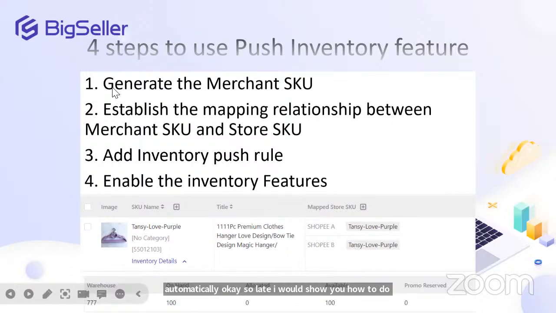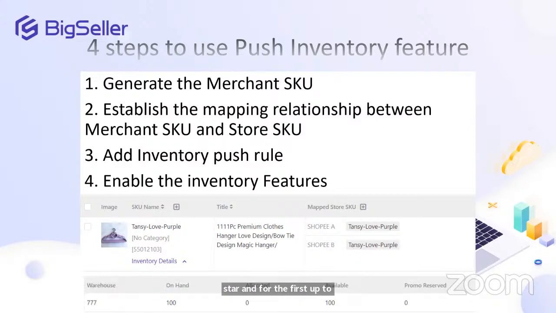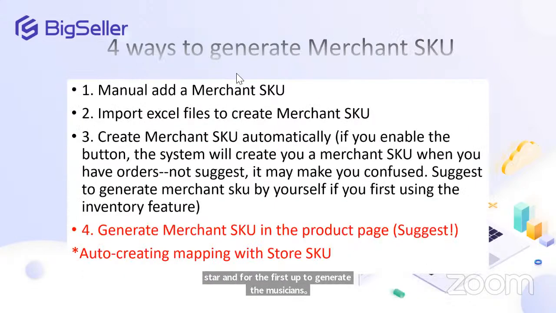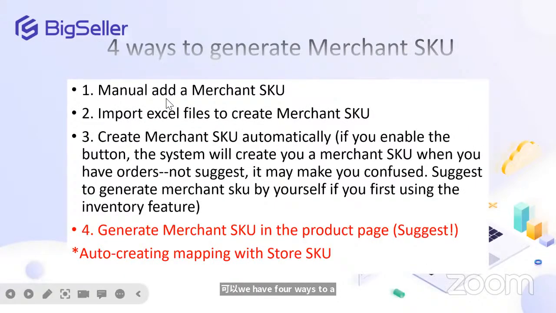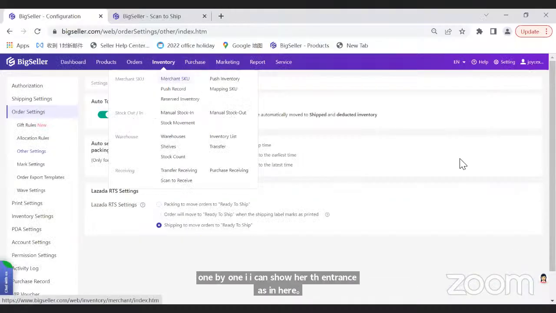For the first step, to generate the merchant SKU, we have 4 ways. The first way is to manually add it one by one. I can show you here, the entrance is here: Inventory, merchant SKU.